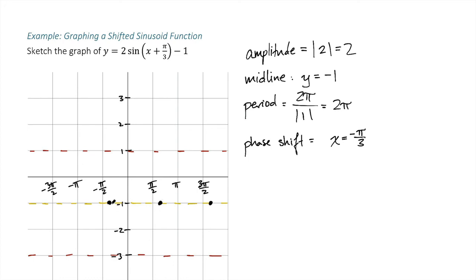Now I know that I'm starting from my starting point here. I'm starting by going up. So halfway between these 2 points, I'm going to reach my maximum. Right up there. And then halfway between these 2 points, I'll reach my minimum down here. Okay, and then we can go ahead and sketch our graph.